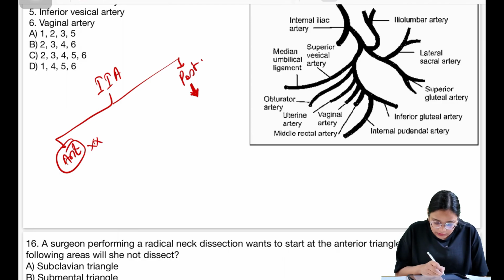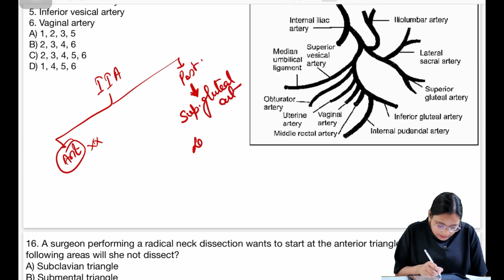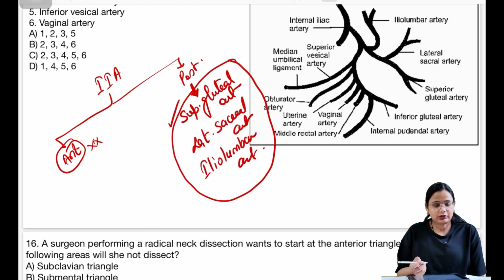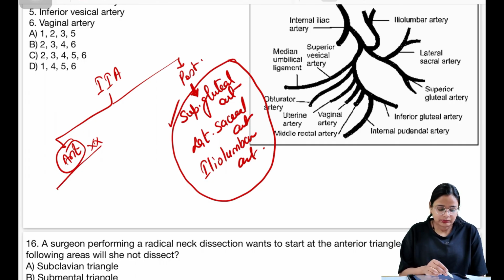So posterior division, first branch is superior gluteal artery. Second one is lateral sacral artery. Third one is iliolumbar artery. So these three are the only posterior division branches of internal iliac artery. Rest all will be anterior division branches of internal iliac artery.